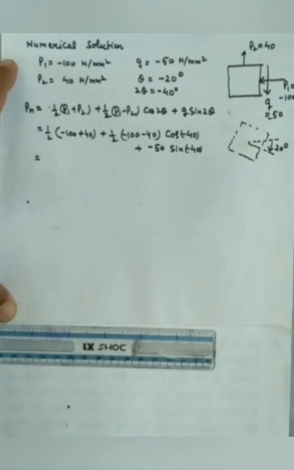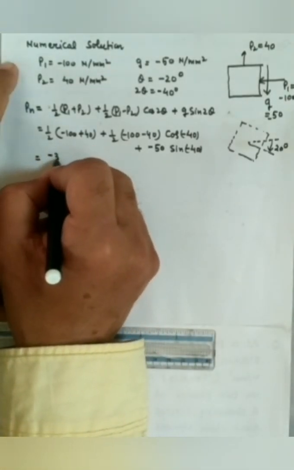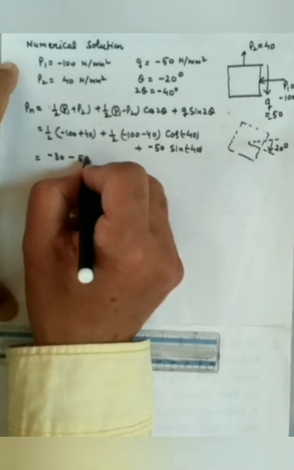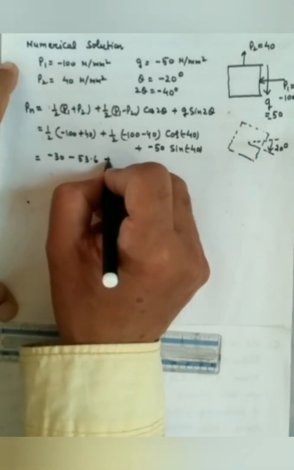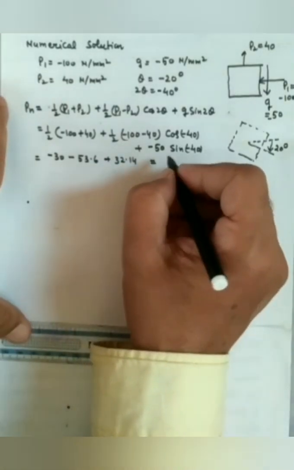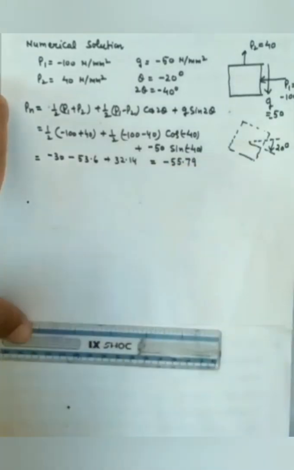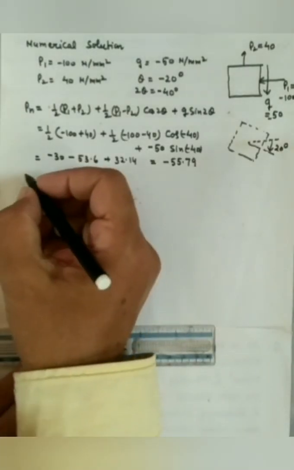By simplifying, we get values 60 minus 60 by 2, minus 30, minus 53.6 plus 32.14, which is equal to minus 55.79, which is the value of Pn.